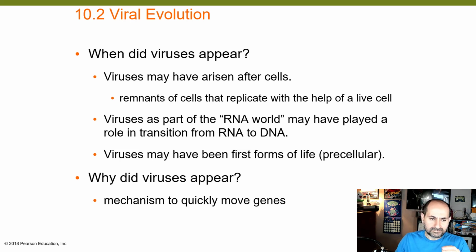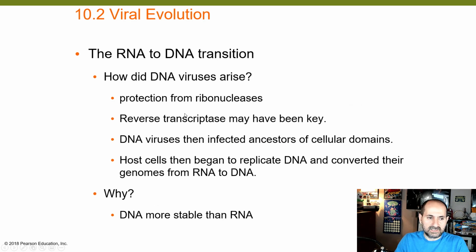So it's thought that viruses played an important role in the transition from genomes of RNA only to genomes of DNA. And why is that? Well, because to protect from enzymes that break down RNA, they may have been involved in the transition by developing the enzyme reverse transcriptase, which is absent in eukarya.